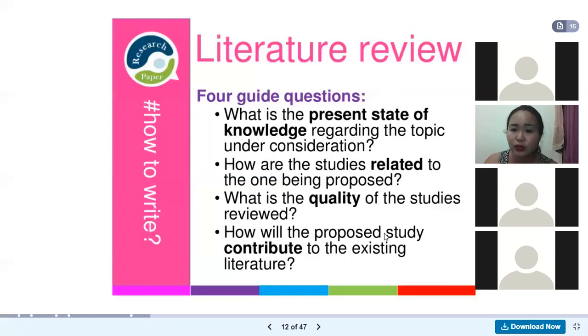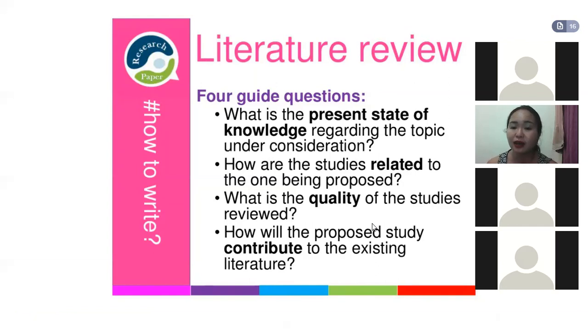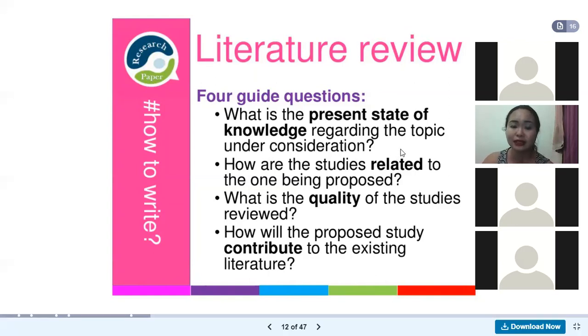So although your literature review should be as comprehensive as possible, there are also times that if you are the one who's going to research that for the first time, like when we say you are going to research about the COVID virus, you don't have much literature of that because it just happened now and it just came in this generation.